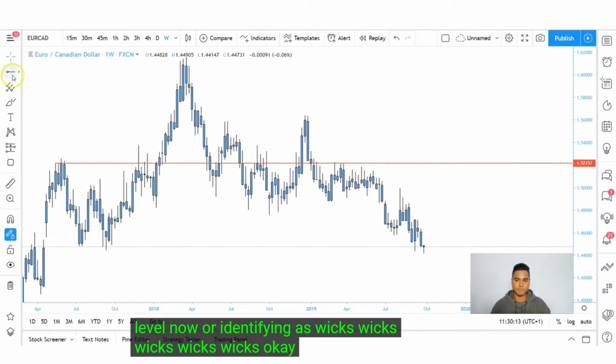Before we move on to anything else, let's identify what's happening on this market. We can clearly see the structure of this market is down. That's a no-brainer. Next, we can see that price is making lower highs, lower highs.